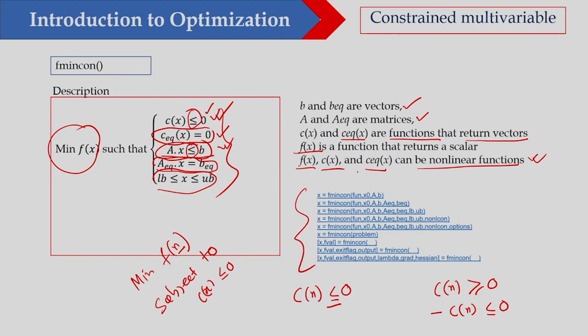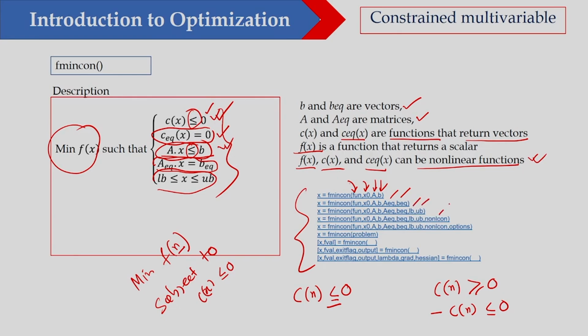So, what you have to do, suppose your problem has only an objective function. Then you define the objective function, then you define x naught, then if you have a linear inequality constraint, then A, b you will define. If you have a linear equality constraint, then Aeq and beq you will define, and if you want to define lower bound and upper bound, you can define.